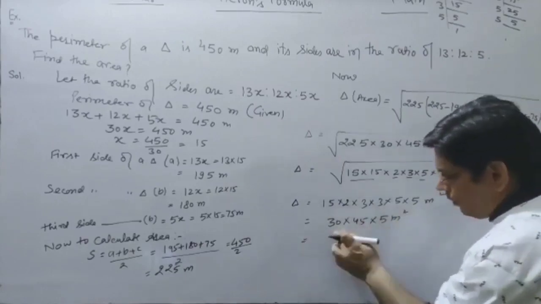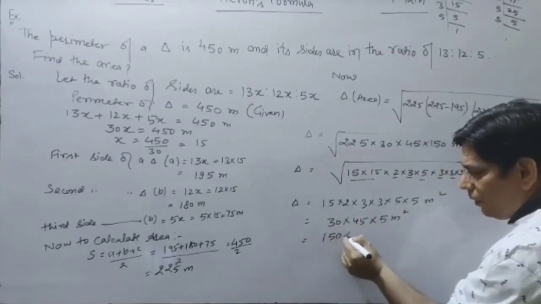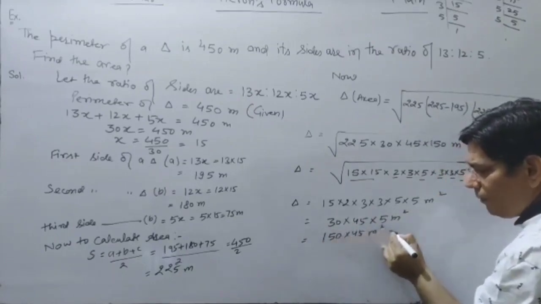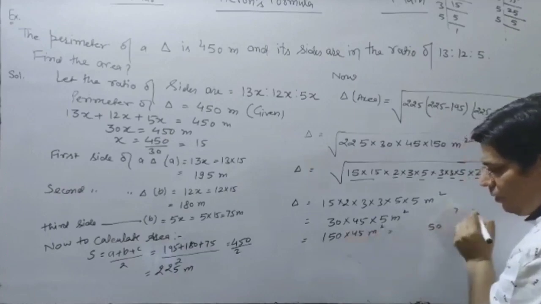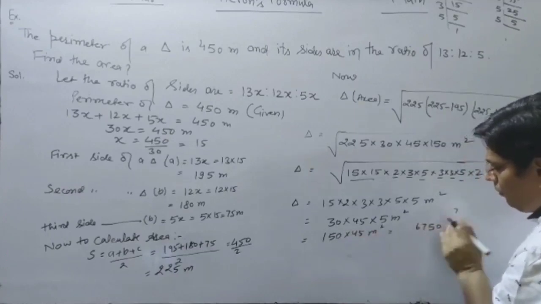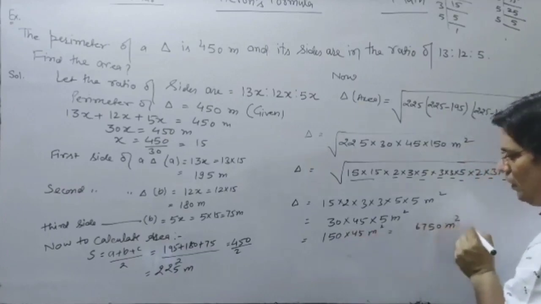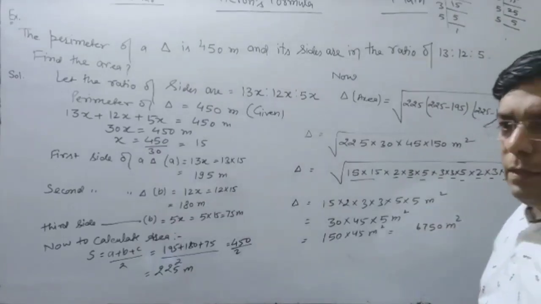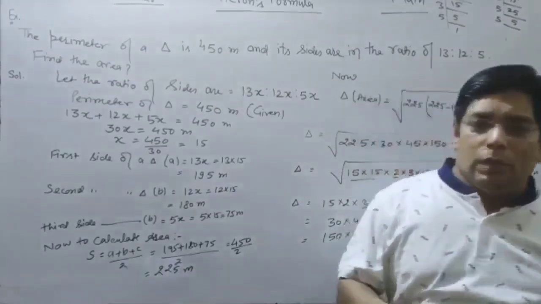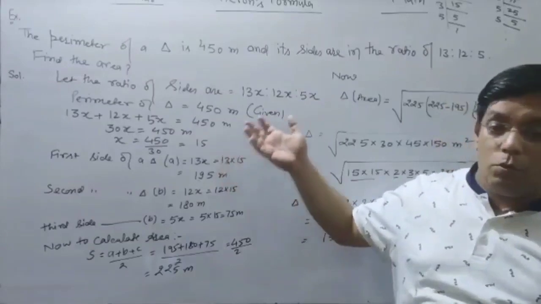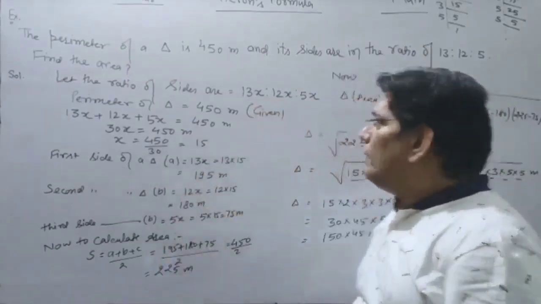So that will be 150 into 45 meter square, and the answer will be 6,750 meter square.